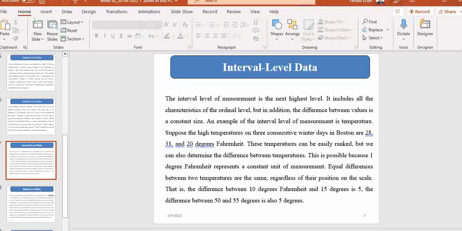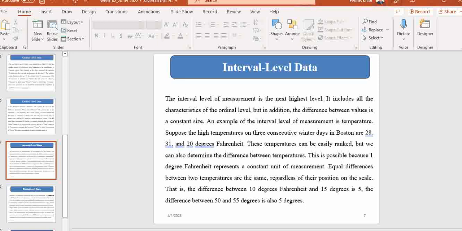Suppose the high temperatures on 3 consecutive winter days in Western are 28, 31 and 20 degrees Fahrenheit. These temperatures can be easily ranked, but we can also determine the difference between temperatures. This is possible because 1 degree Fahrenheit represents a constant unit of measurement.